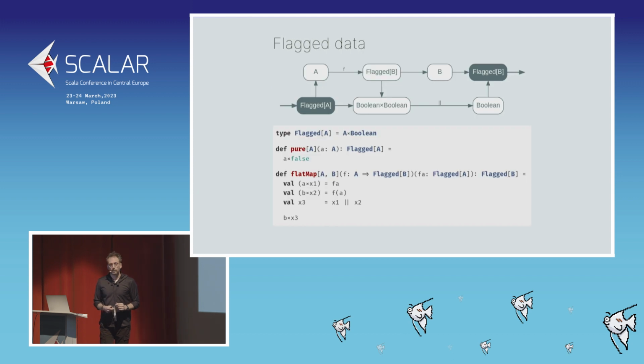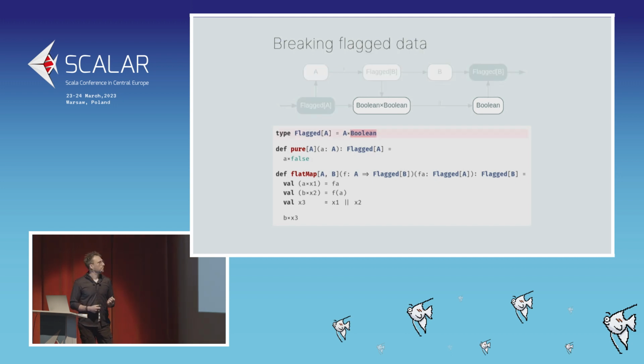So we can, again, start from flagged, like before, because we know that flagged is a monad. And to break that, well, we want to replace Boolean by something that is a semigroup, because we want it to be an apply, but that is not a monoid, because we don't want it to be an applicative. And we have seen an example of that, right, before. Something that is a semigroup, but not a monoid.